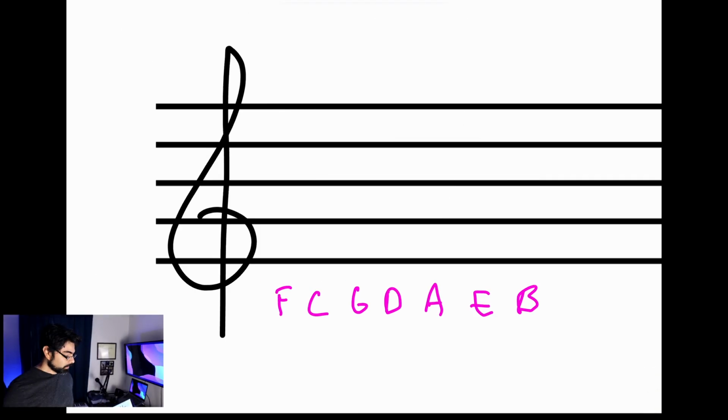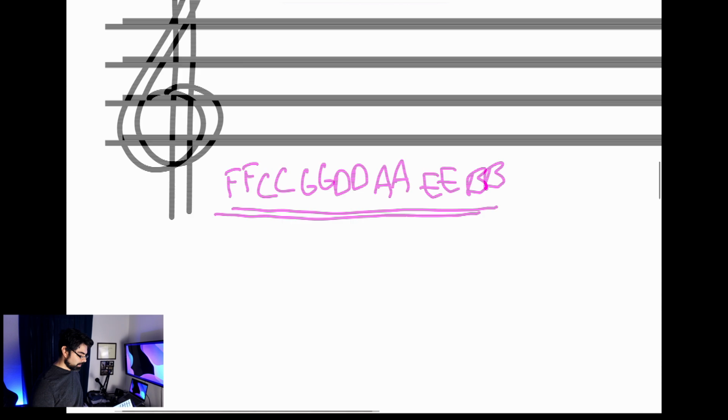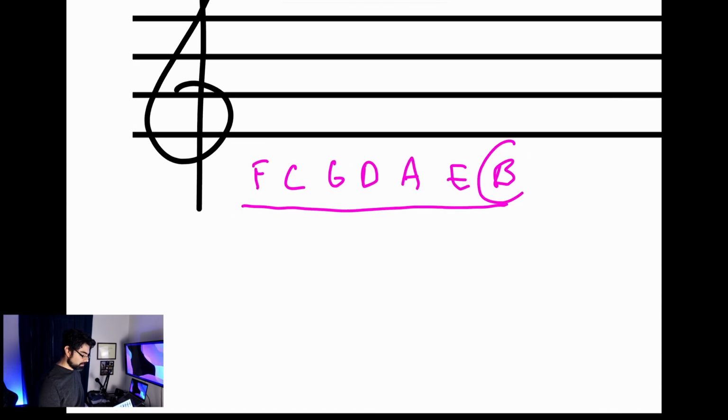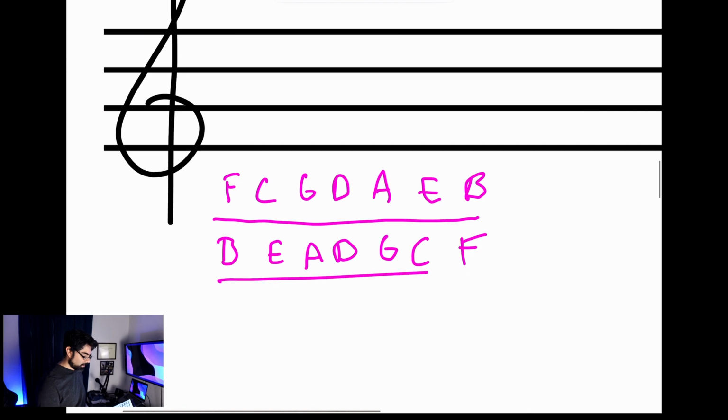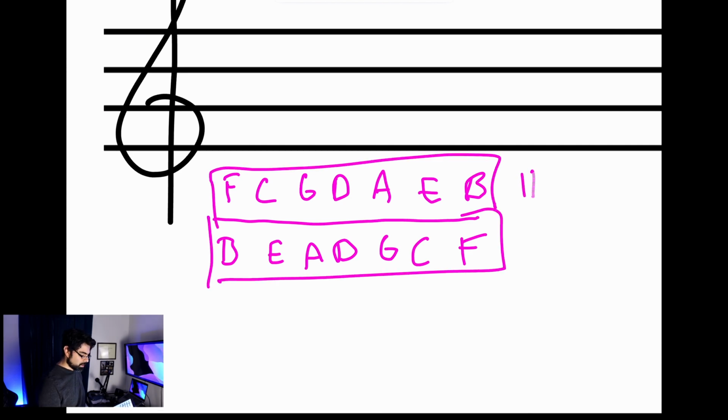Well, flats are cool because it's just going to be the mirror image of these. So instead of starting with F, we're going to start with B. And we're going to have B, E, A, D, G, C, F. And this is your order of flats right here. So this is sharps, and this is going to be your flats.